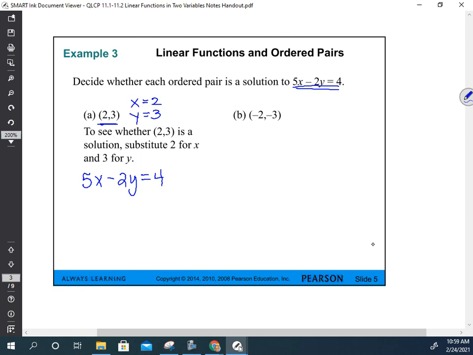So let's do the computation. 2 goes in for x, so that means that's 5 times 2 minus 2 times 3, and we're hoping that we get 4. 5 times 2 is 10. 2 times 3 is 6. 10 minus 6 is 4. 4, 4.